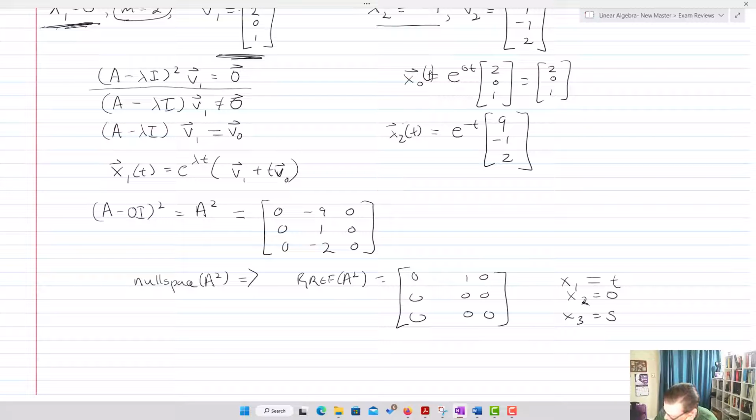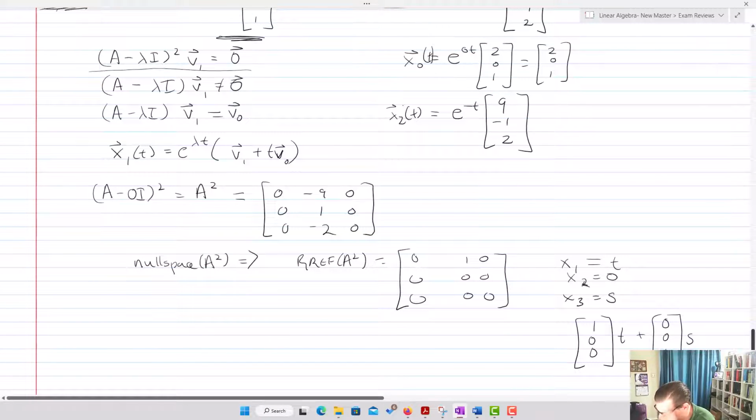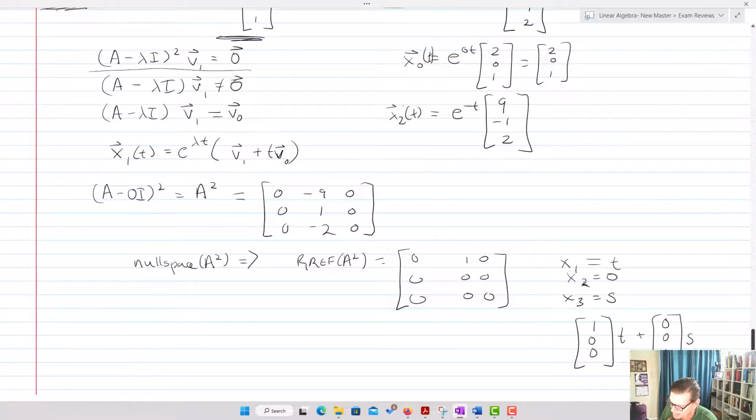So essentially we're looking at any linear combination of 1, 0, 0 t plus 0, 0, 1 s. As long as we have a 0 for the second term, we're going to get something that's in the null space of A squared.